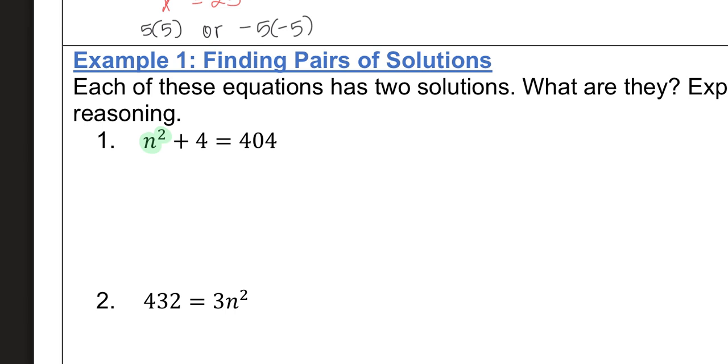If you like, you can draw a line through your equal sign. And how do I cancel plus 4? We would minus 4. Those will cancel on the left, and I can subtract 4 on this side. So now I have n squared equals 400.